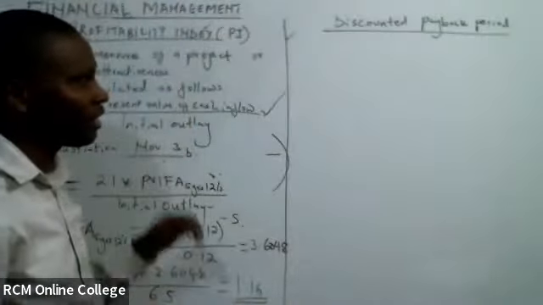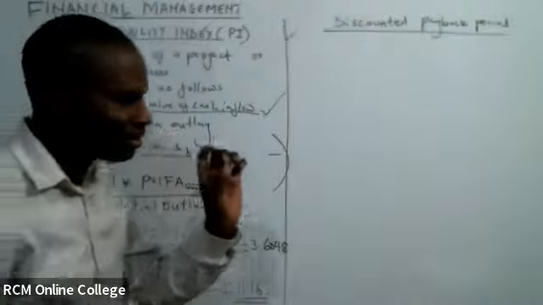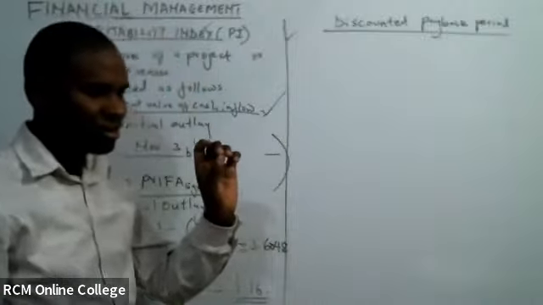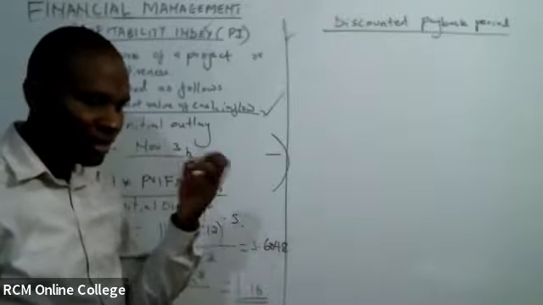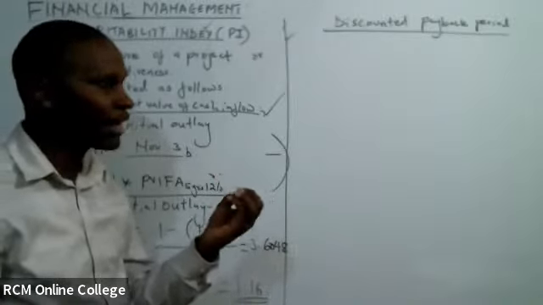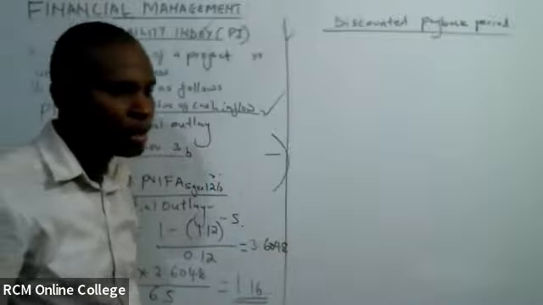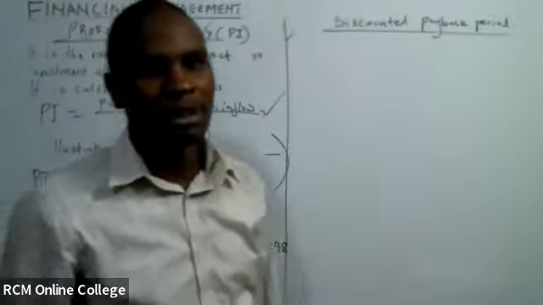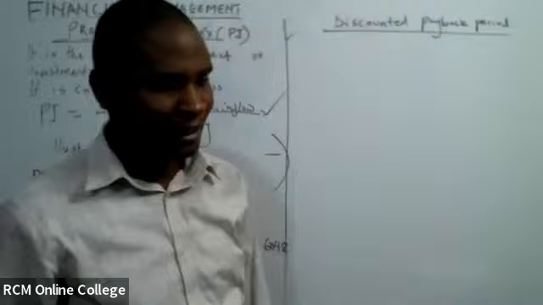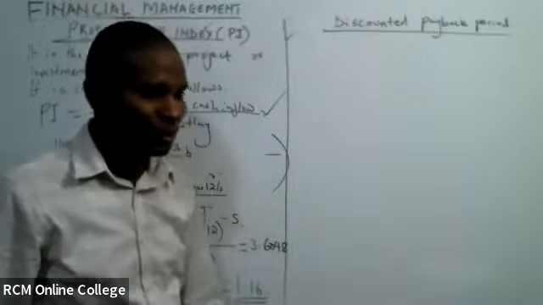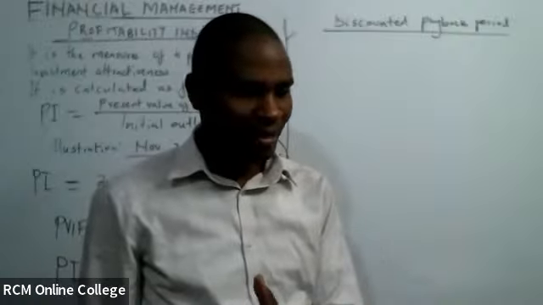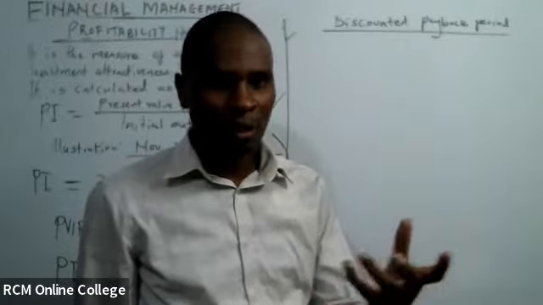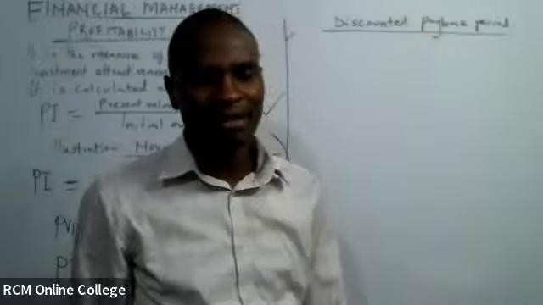So the moment an appraisal technique brings in the fact that it can consider the time value of money, and can have that aspect of discounting, it becomes a modern technique. So we can have our payback period on the modern side.